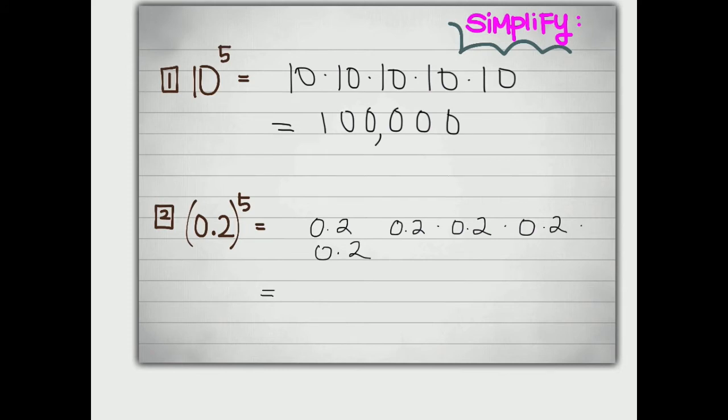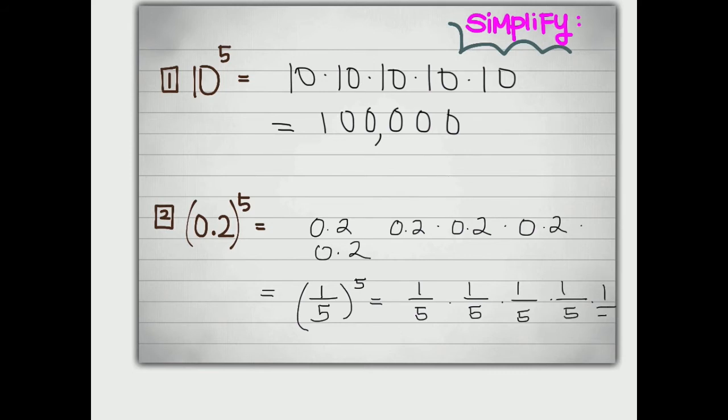You might prefer the other method. You could simplify this using a calculator, but let's see if we can do this by hand. So 0.2 written as a fraction is 1/5, and 1/5 raised to the 5th power is 1/5 times 1/5. And again, you just keep doing this until you have 5 factors of 1/5.